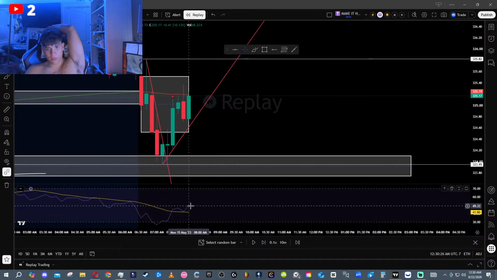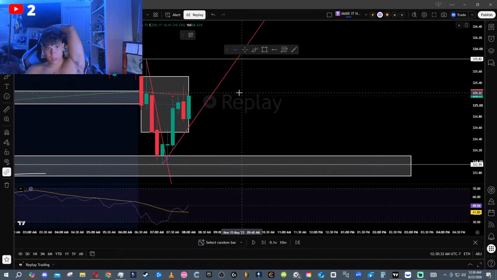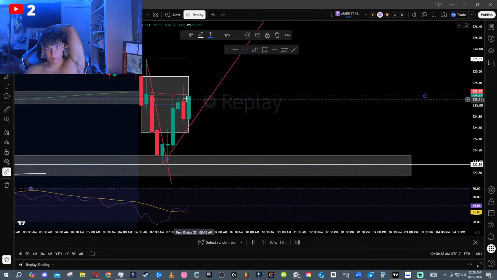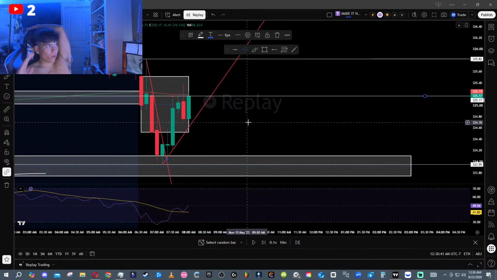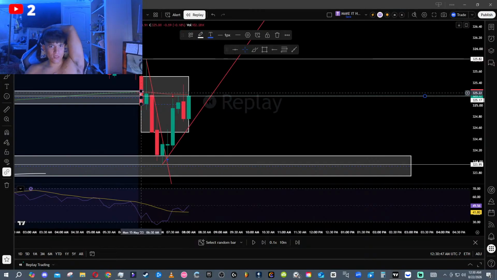But it looks like this is gonna push down a little bit, and then honestly, it looks like this is building a top. So this could be the new top because it looks like it's building pretty good resistance right here, especially with the EMA. This is why I don't always use EMA, but when you have EMA always on, you'll see how to utilize it. This is EMA resistance.